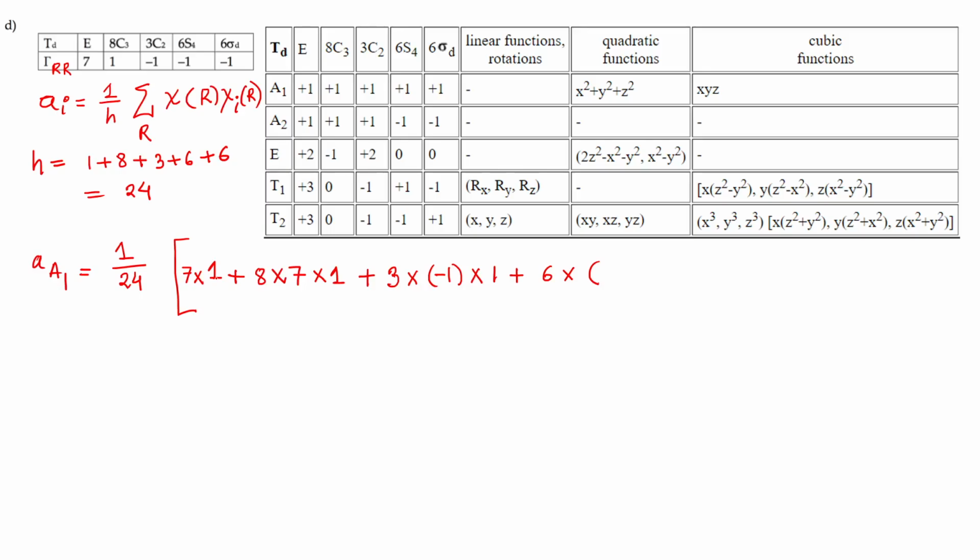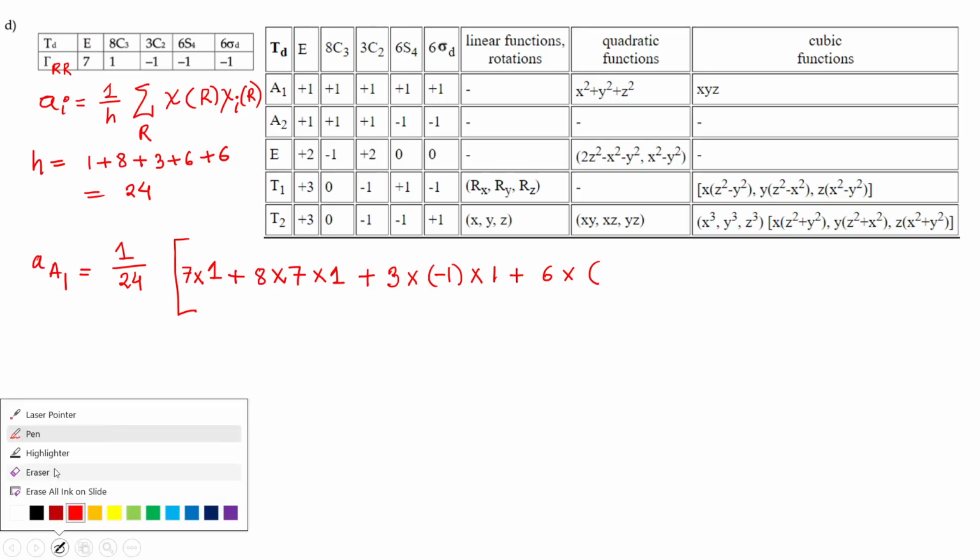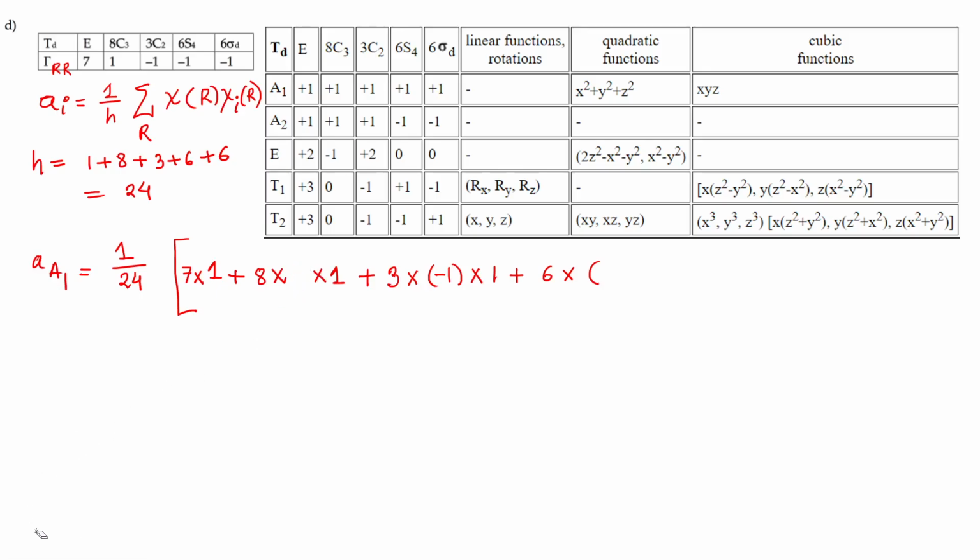Then in the second case you do 8 into 1, sorry, 8 into 1 it should have been. Then 6 into S4: 6 into minus 1 into 1 plus 6 into minus 1 into 1.